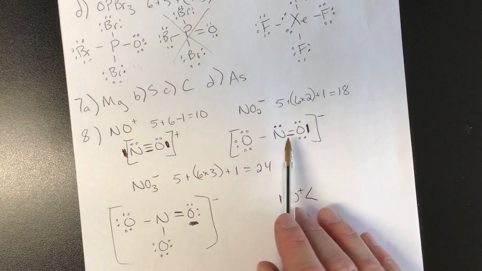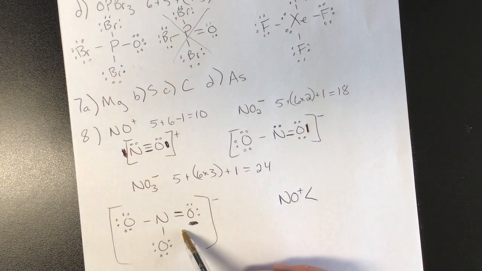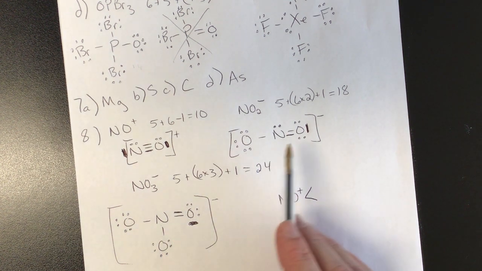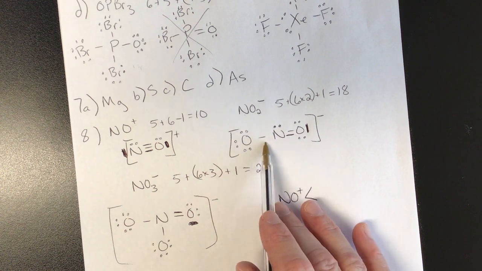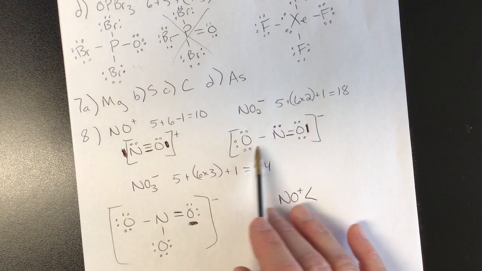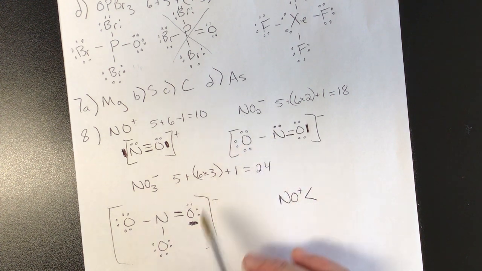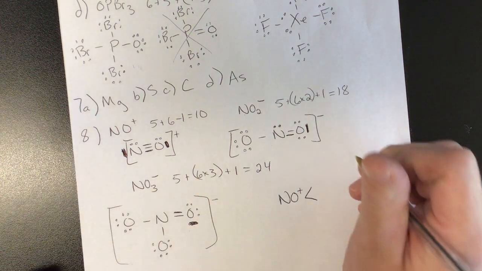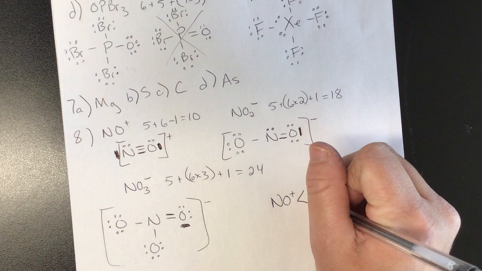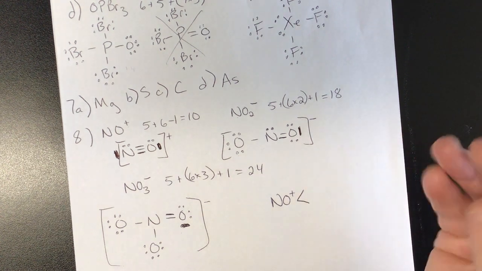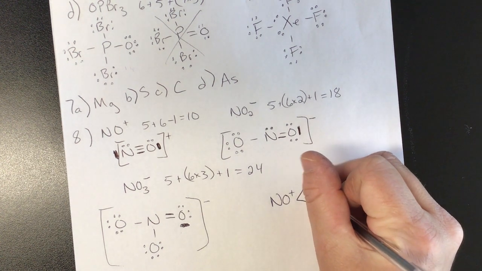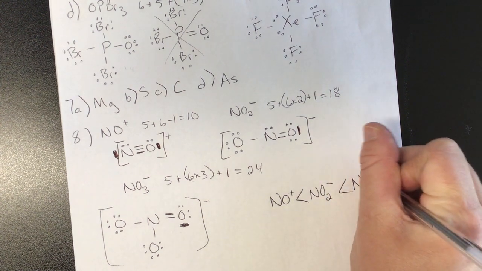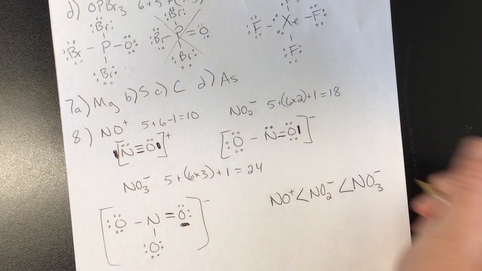So the bonds aren't going to be pulled in as tight for this one as they would be for this one because they're more spread out. So this bond length is going to be shorter than these. Okay, so if I have to share that double bond across 3 different atoms, it's not going to be as tight. It's not going to be pulled in. So NO2 negative would be our next one, and then the longest bond length would go to NO3 negative.